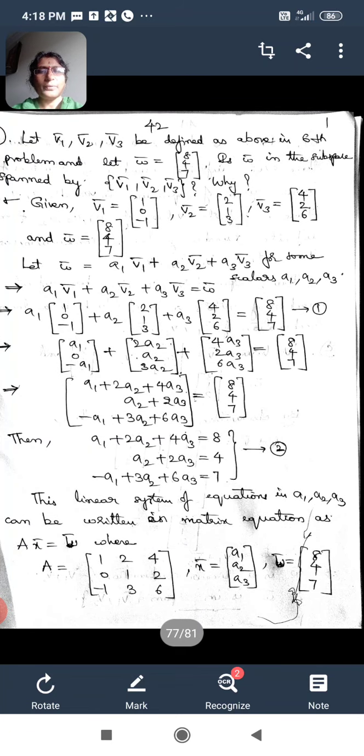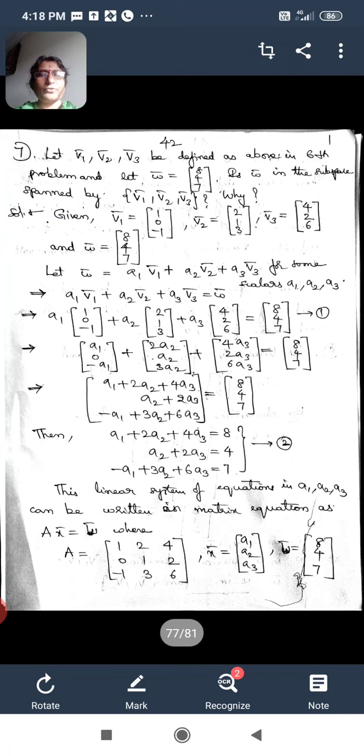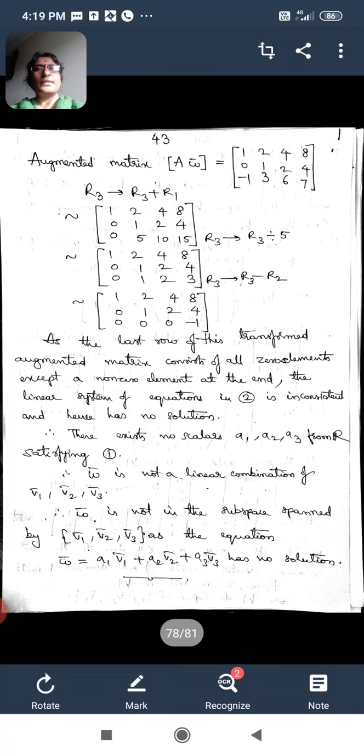So x bar is a column vector of order 3 by 1, and w bar is already given in the problem, also a column vector with 8, 4, 7 as the entries.